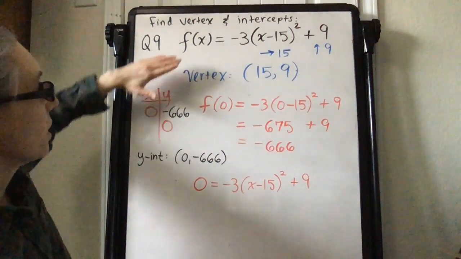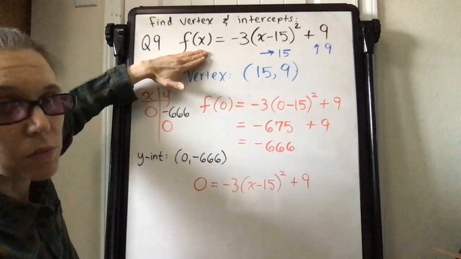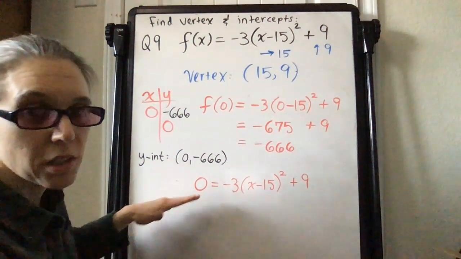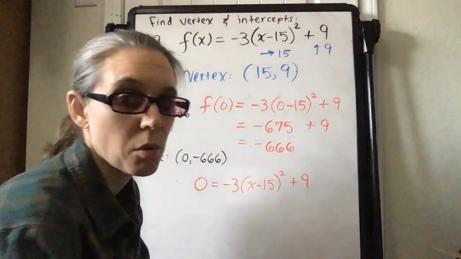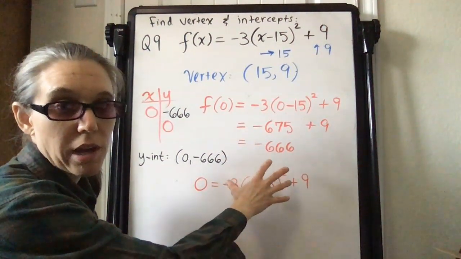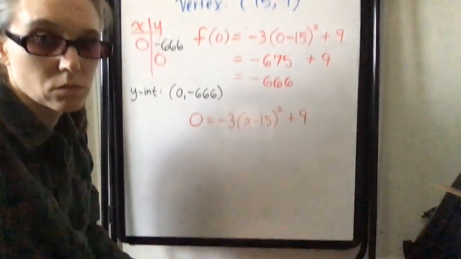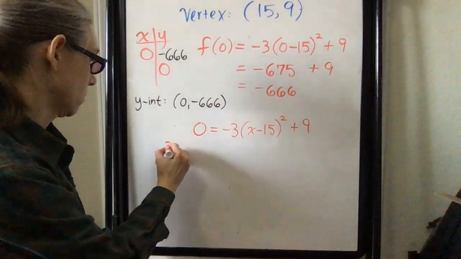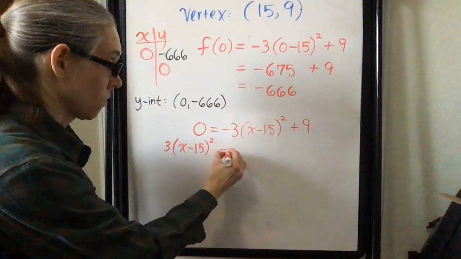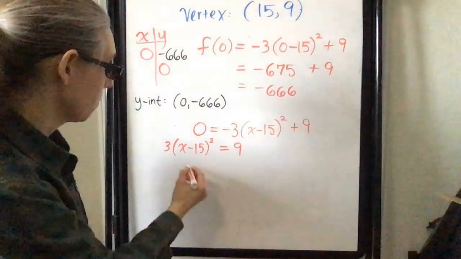Okay, so what we've done here is we've replaced f of x, which stands for y, with 0. And now to solve this, we're going to use the square root property. So what we need to do is get this perfect square by itself. So I'm going to go ahead and move this over to the left-hand side. Then I divide both sides by 3.